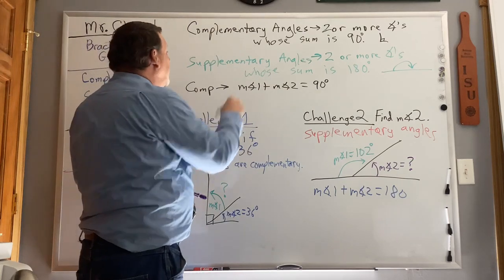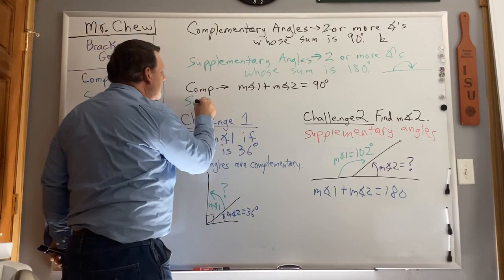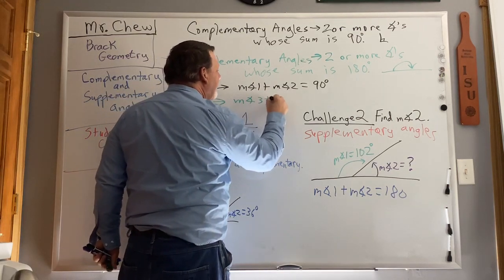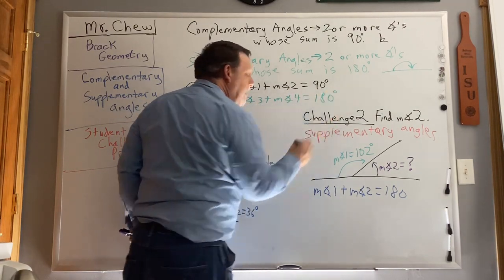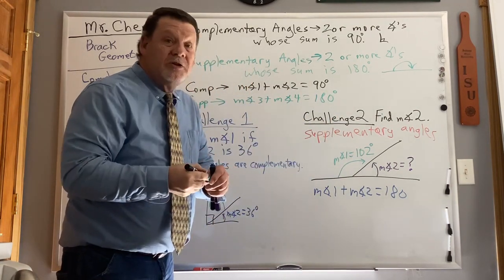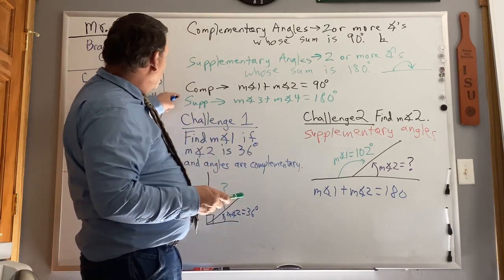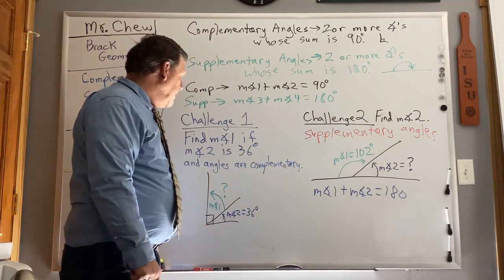And I could say they're supplementary if two angles added together is 180 degrees. And the way I always taught my geometry students to remember the difference between these two, C comes before S and 90 degrees is less than 180. So it's just up to you.